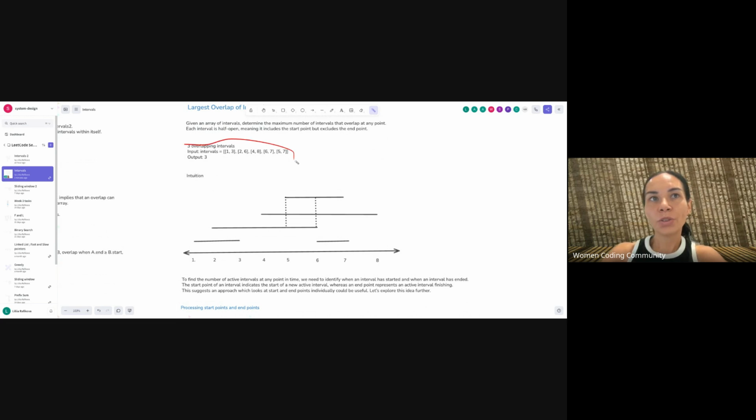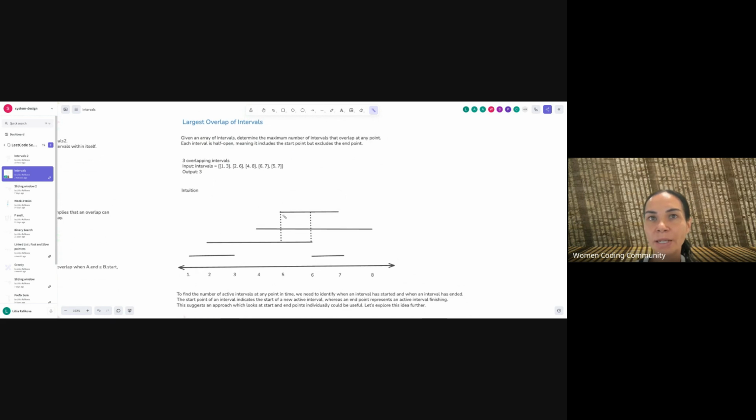So you have an input of intervals. You need to find all active intervals, how many intervals we have at the same point, which are overlapping. So in this case, we have three: this one, this one, and this one.